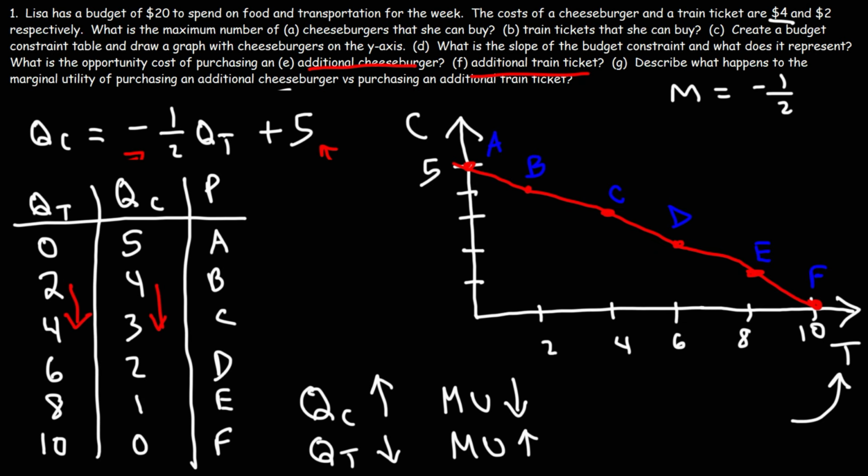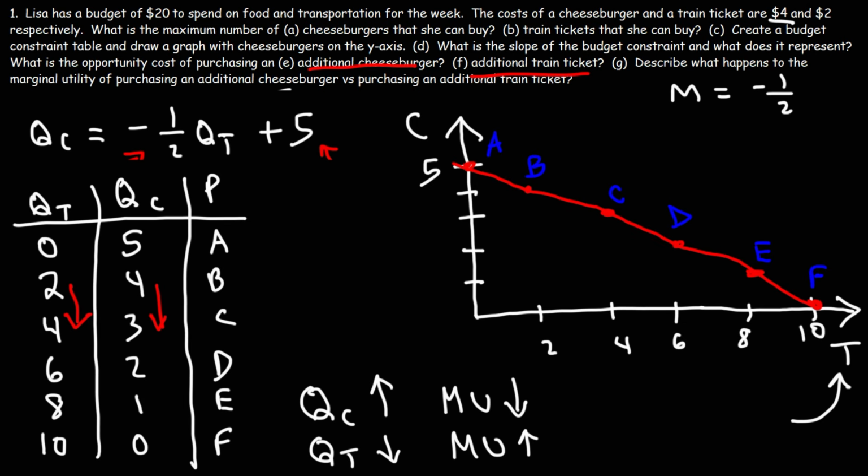The fourth cheeseburger will have less utility to you. It will be less useful to you than the first cheeseburger. So the more cheeseburgers that you buy, the less useful it becomes. And so that's the concept of the law of diminishing marginal utility. For each additional unit that you buy, the utility of that additional unit decreases.